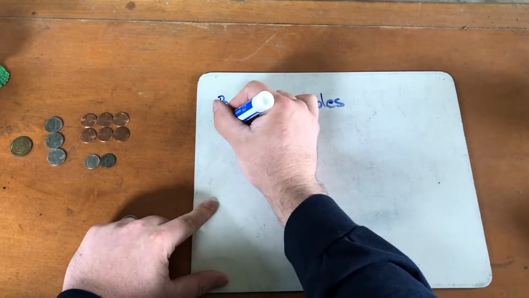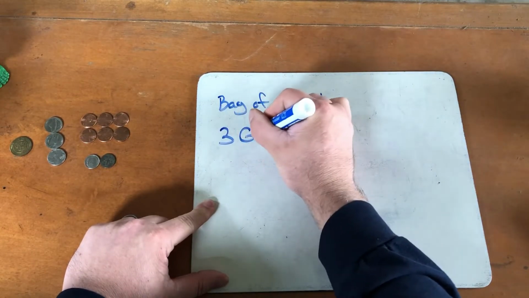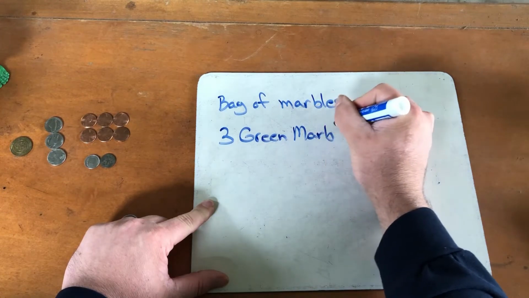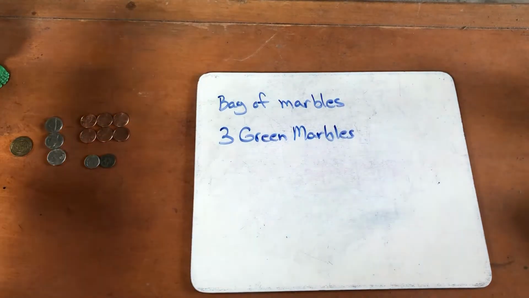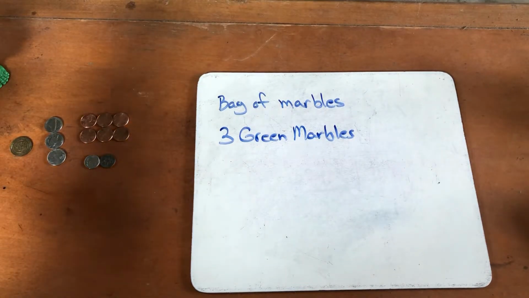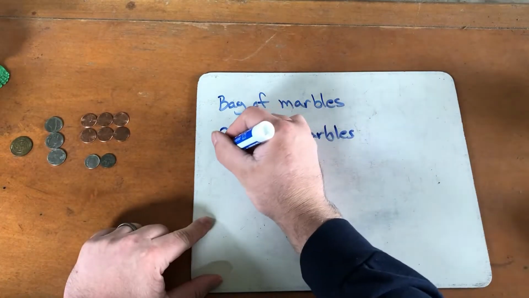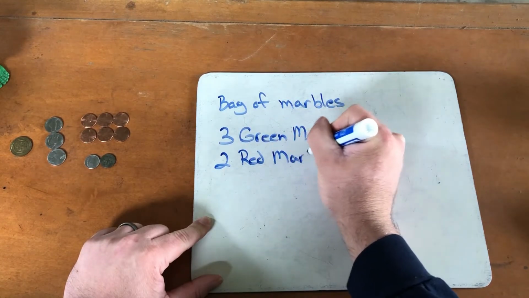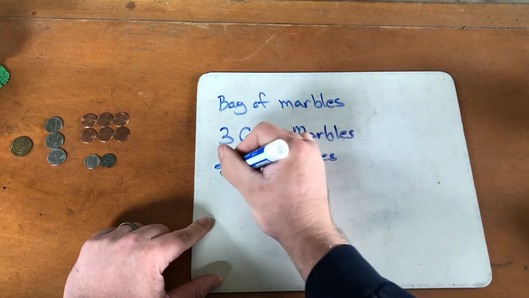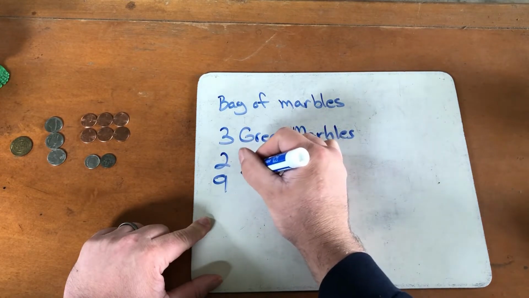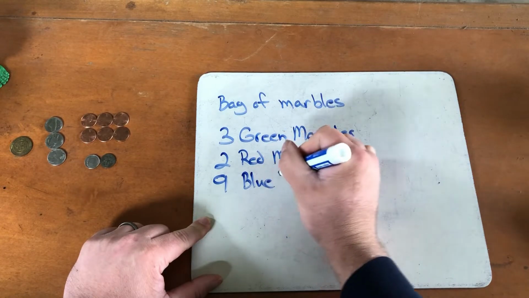Let's say we have 3 green marbles. Now, hopefully everybody knows what a green marble looks like. It's a marble and it's green. So we have 2 red marbles. And let's say we have, let's go 9 blue marbles.